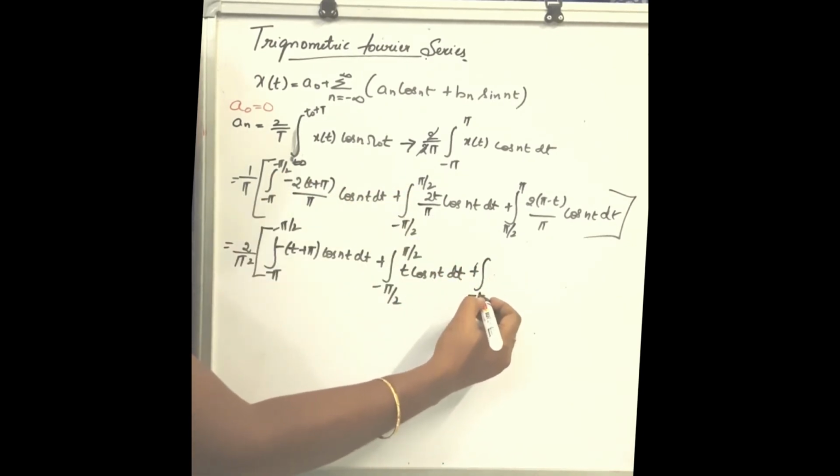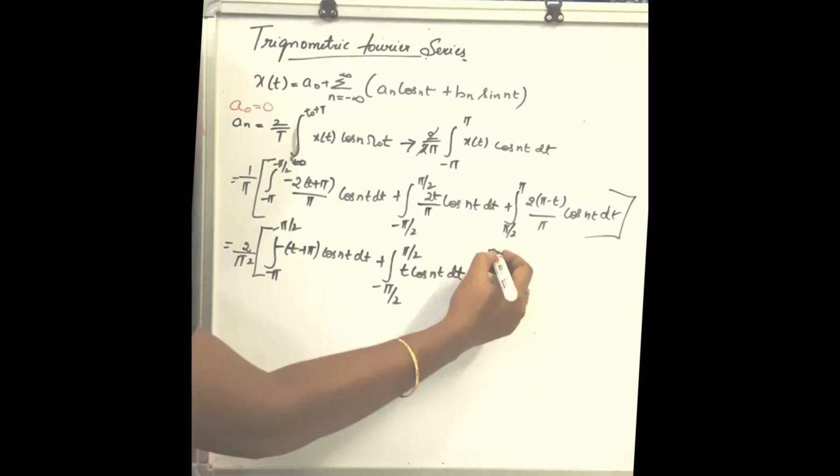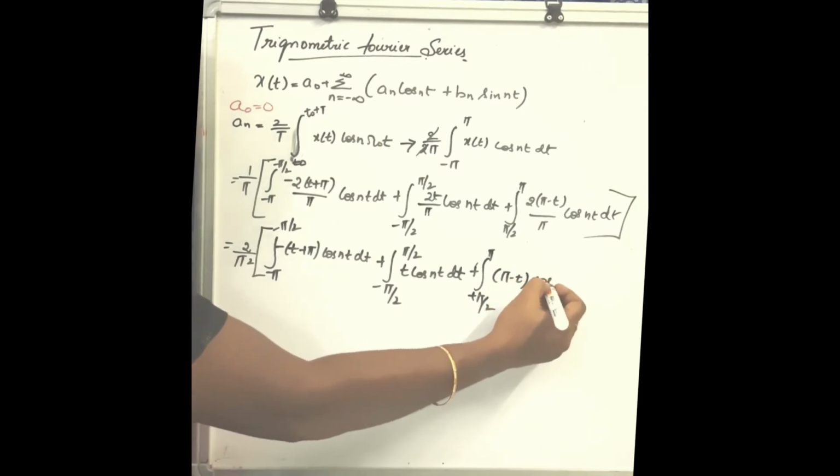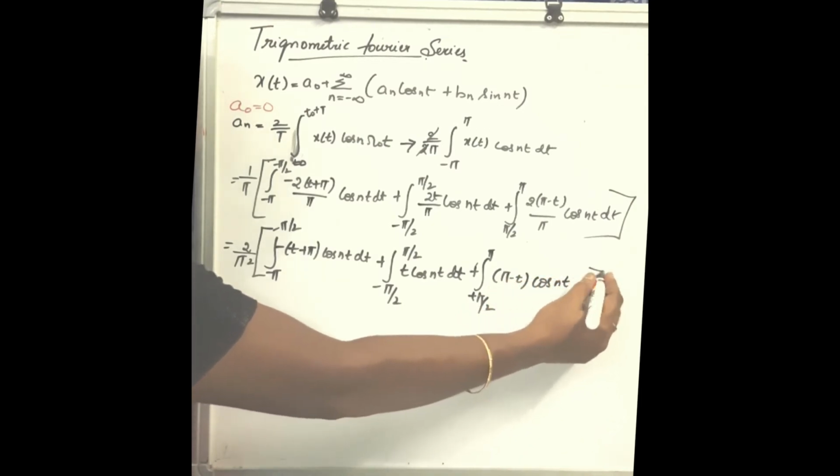Then it is pi by 2 to pi, pi minus t cos nt dt.